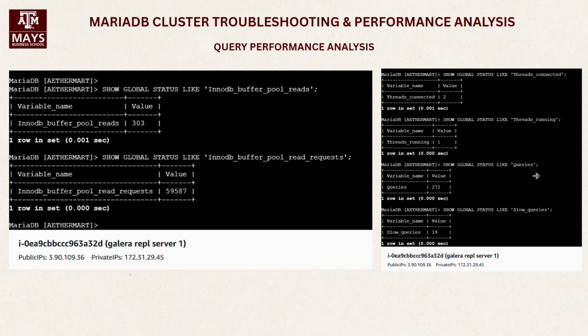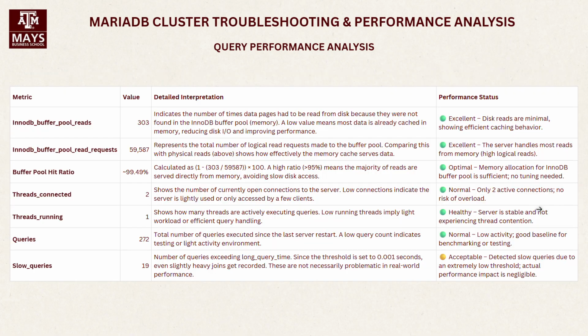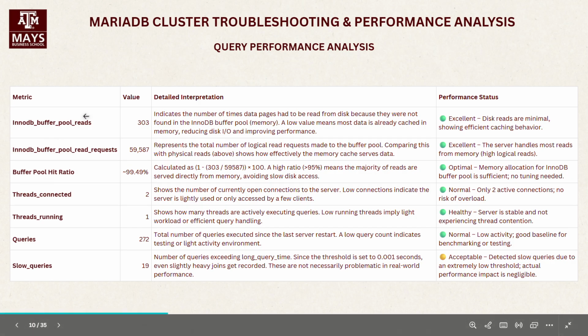Now, these are a few more commands which I've pasted here. These are buffer pool reads, buffer pool read requests, threads connected, threads running, slow queries. So just to give you a summary about these.